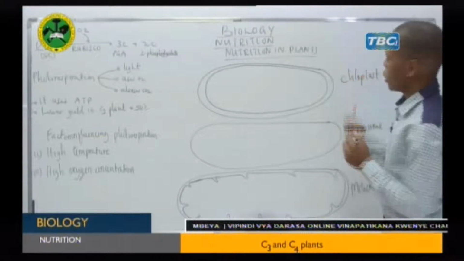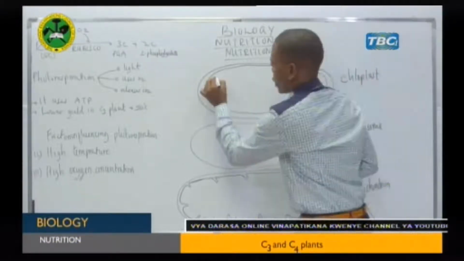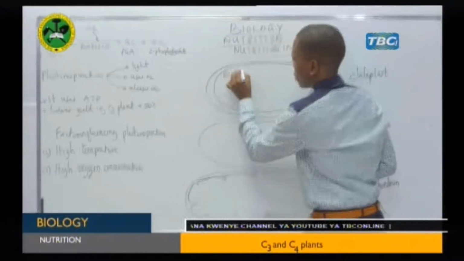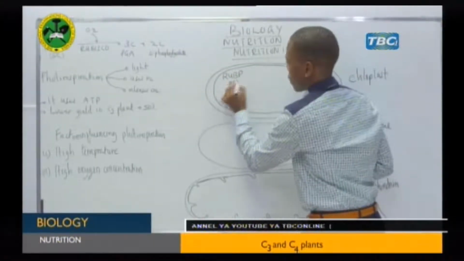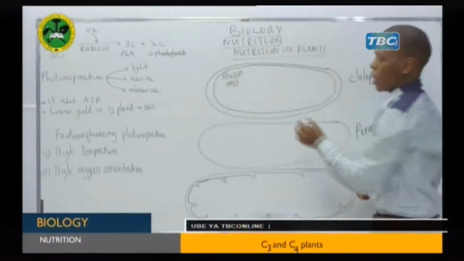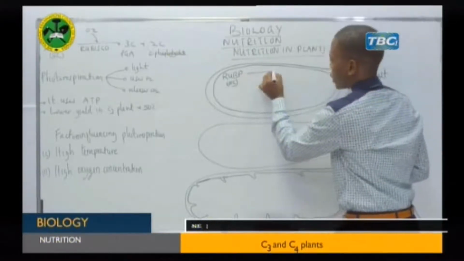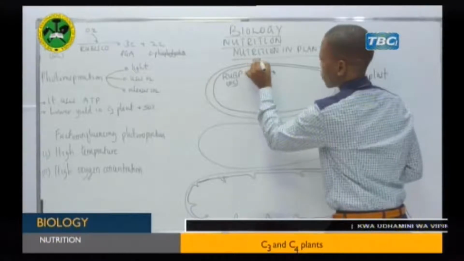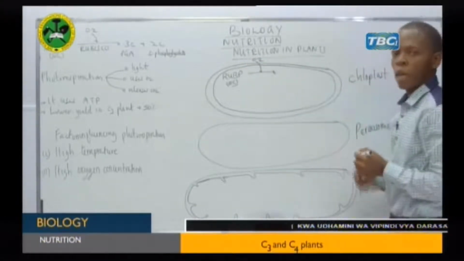Okay, in chloroplasts, there is a carbon dioxide acceptor, RuBP. This is a 5 carbon compound. Once RuBP accepts oxygen, it forms 2 molecules.